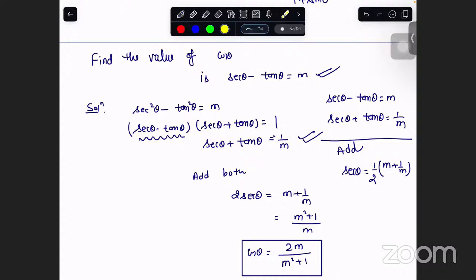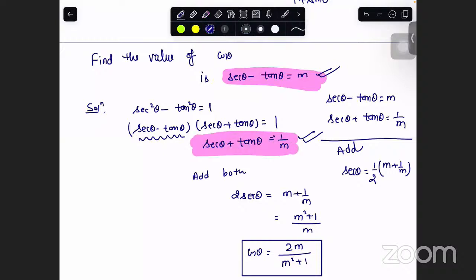See, again I'll explain. Sec theta minus tan theta is given as m. So sec square theta minus tan square theta becomes 1 according to the identity. So if sec theta minus tan theta is m, then sec theta plus tan theta will be 1 by m. So using these two equations, we can find the value of sec theta simply by adding both of them.